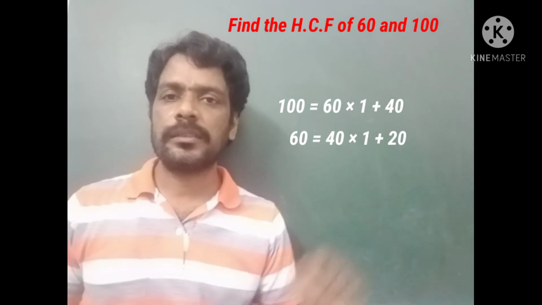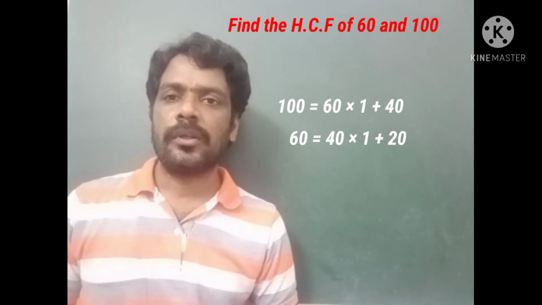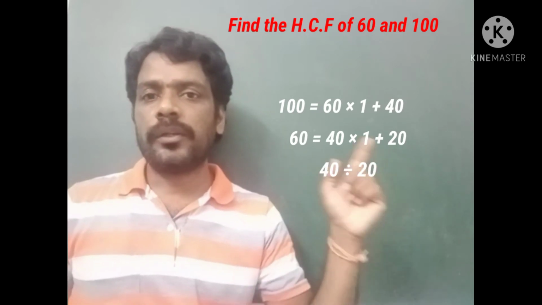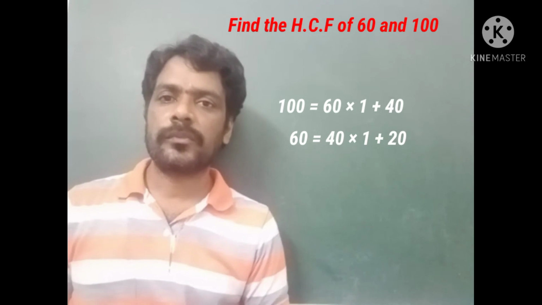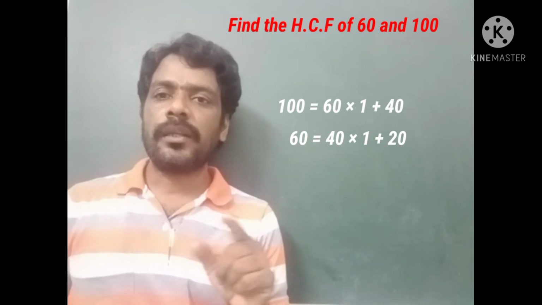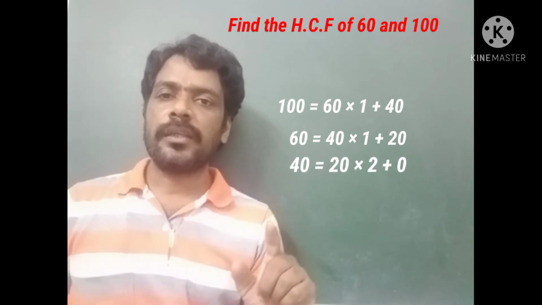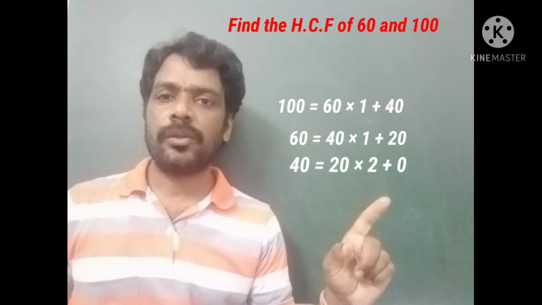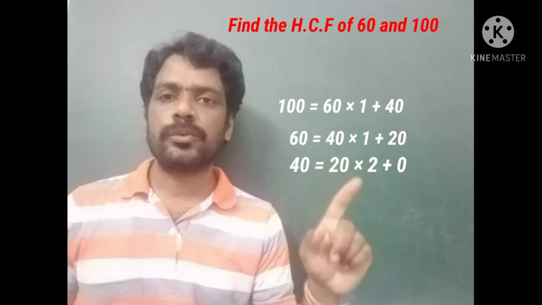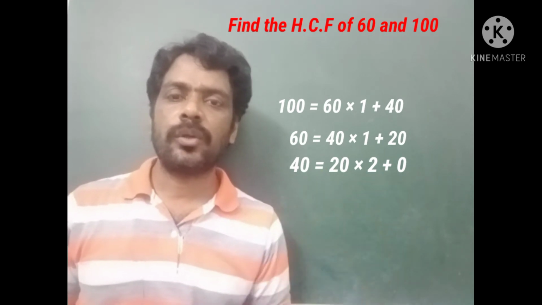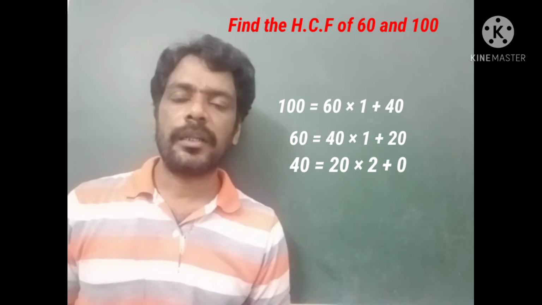Here the remainder is 20. Again we have to divide the divisor 40 by the remainder 20. So 40 is equal to 20 into 2 plus 0. In 40, 20 is 2 times and there is no remainder, so the remainder is 0.